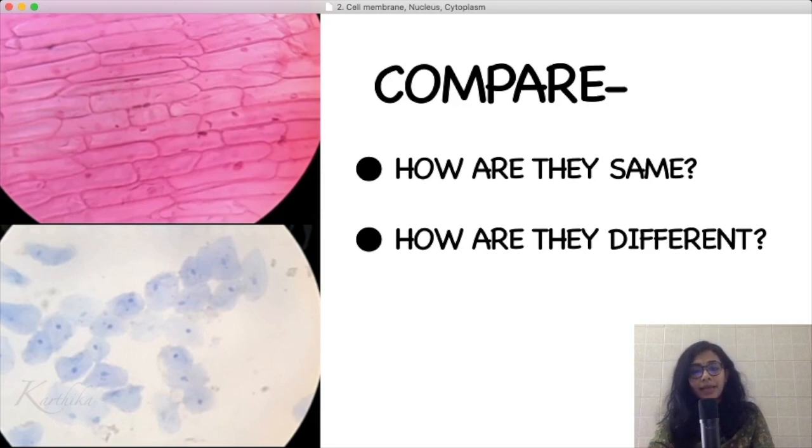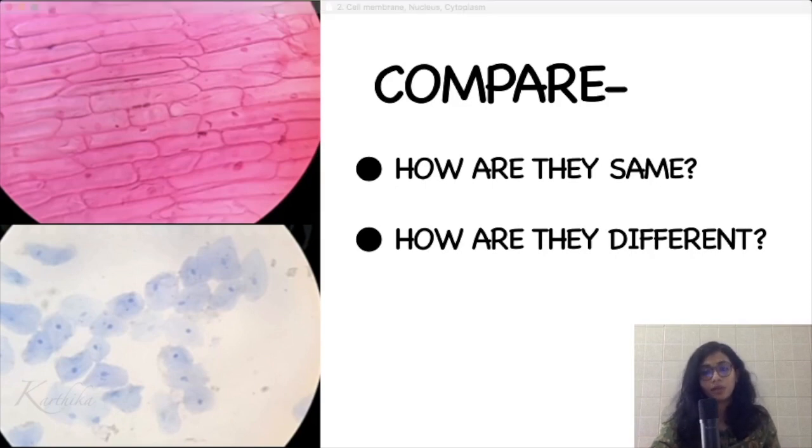They are loosely packed. And one more difference is that onion peel cells are block shaped or more or less rectangular, and cheek cells are irregularly shaped, right? So these are the ways in which these both are the same and different, but mainly our area of focus is the cell wall in this chapter.